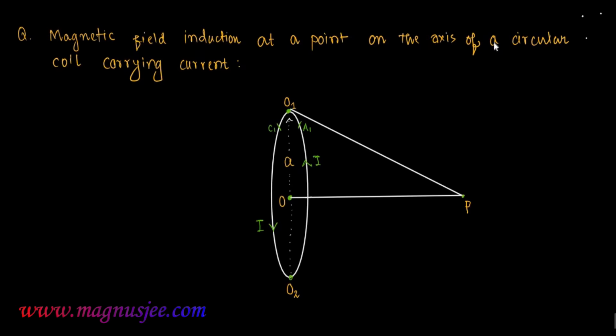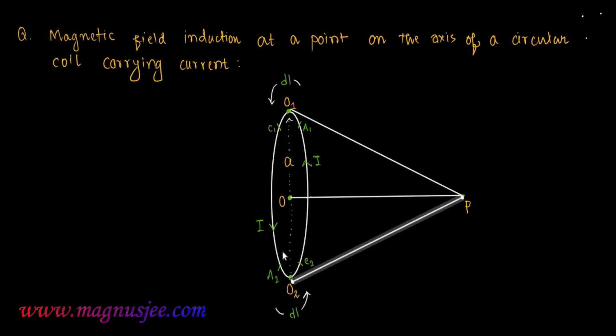r is the oblique distance of the point P. dl is the length of the small element A1C1. Similarly, we can consider another small element A2C2 at the lower edge of the coil, and dl is the length of this small element A2C2.